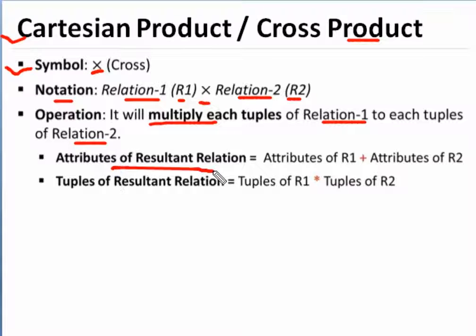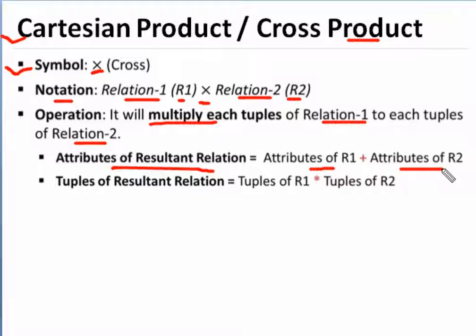Now, the attributes of the resultant relation. Suppose we have a relation R1 which has 2 attributes, and suppose we have a relation R2 which contains 3 attributes. Okay, so in the result table how many attributes should there be? Attributes of R1 plus attributes of R2.